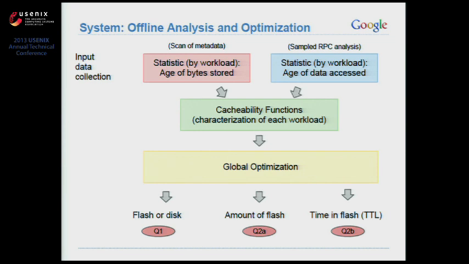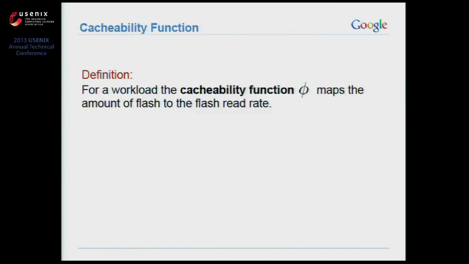So step to the first row here in this diagram. How do we get to the cacheability functions from the data we collect? The cacheability function maps the amount of flash to the flash read rate. So this directly shows the benefit of assigning flash to a workload.